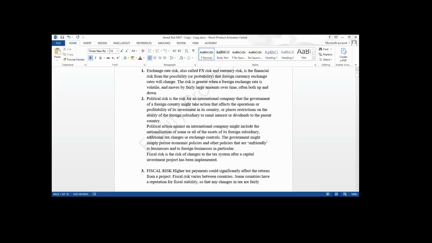The government of a foreign country can place restrictions on the ability to repatriate your returns. You need to bear this in mind.